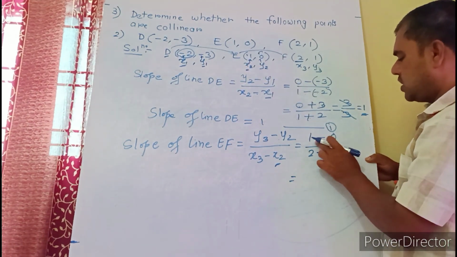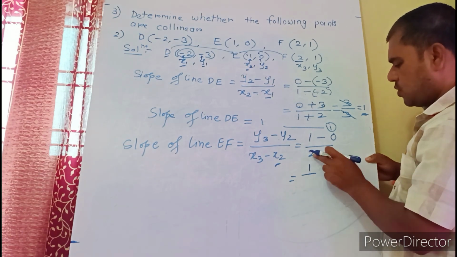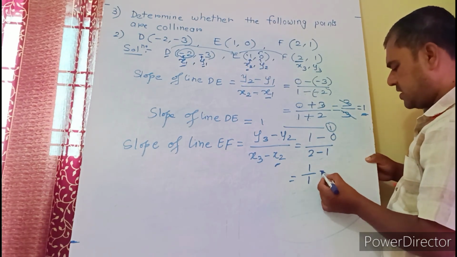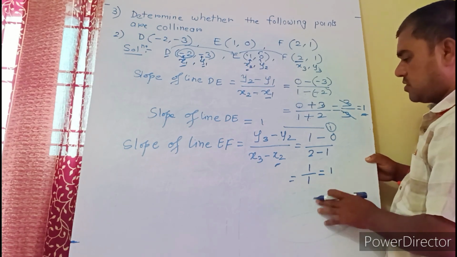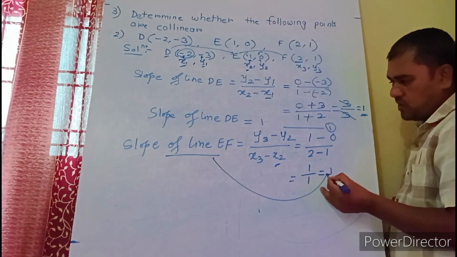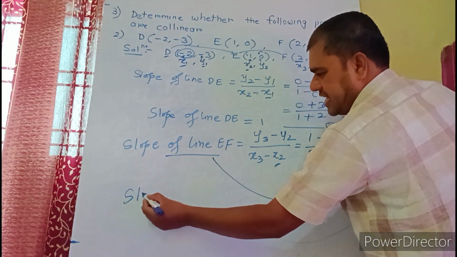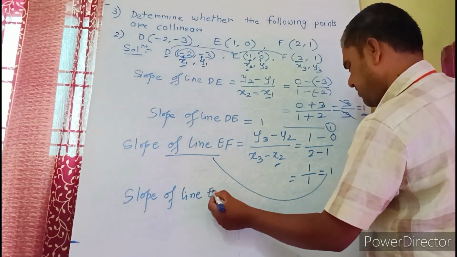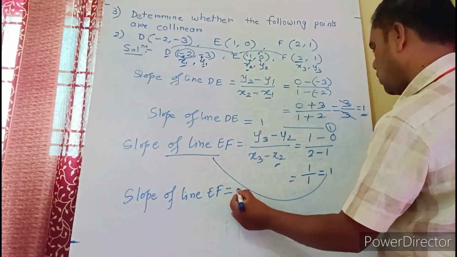That will be equal to 1 minus 0, that is 1, divided by 2 minus 1, that is also 1, which is equal to 1. We get the slope of line EF equal to 1.